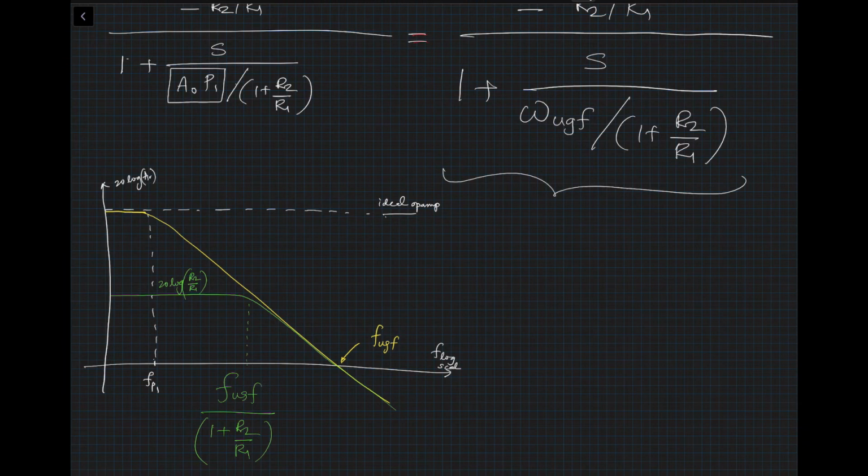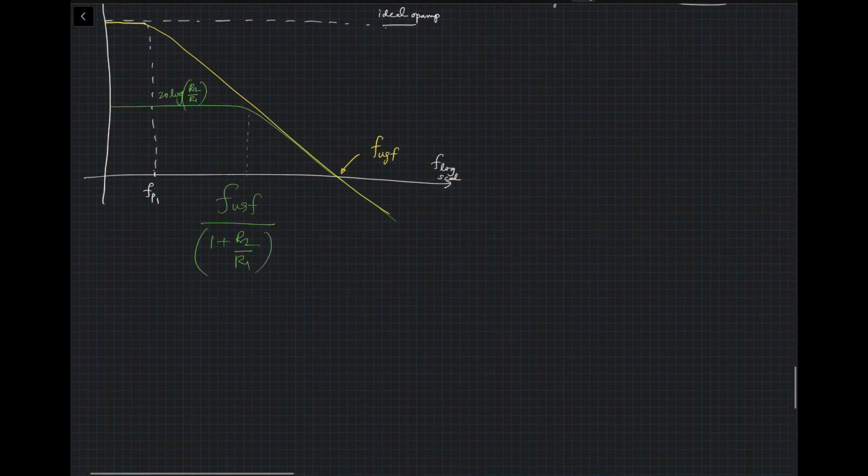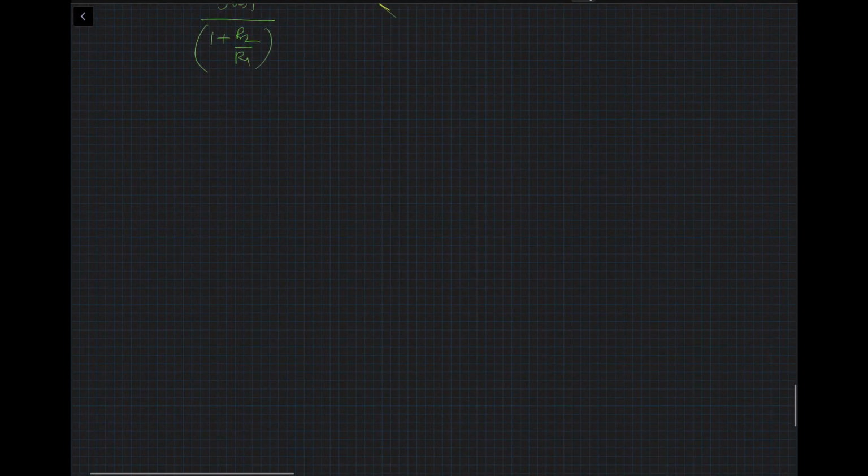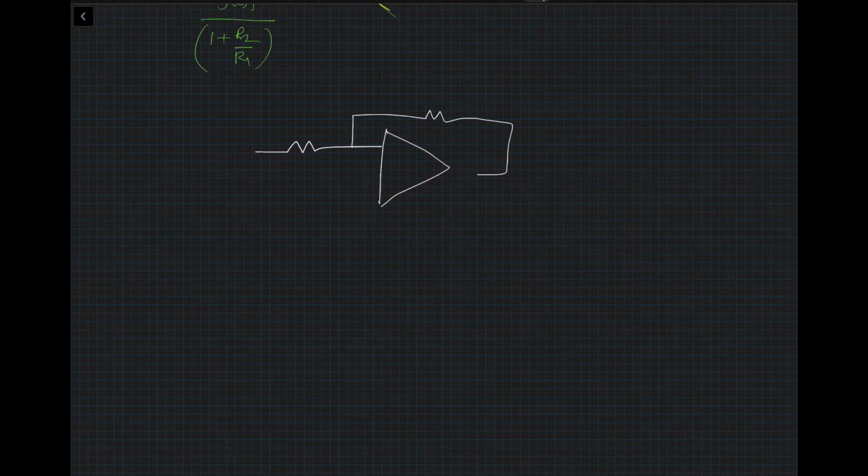Now we can do the exact same analysis for a non-inverting amplifier, where you have a circuit that looks like this, and you apply input here, V in, R2 over R1, and in this case the gain would look very similar.